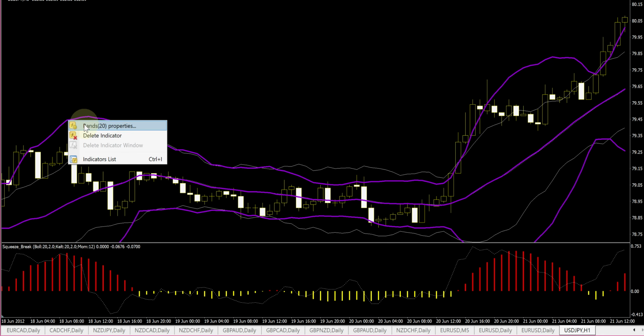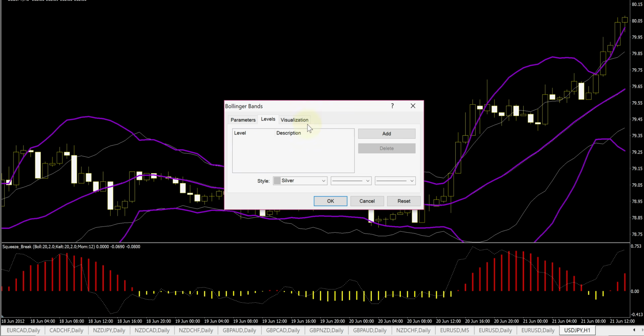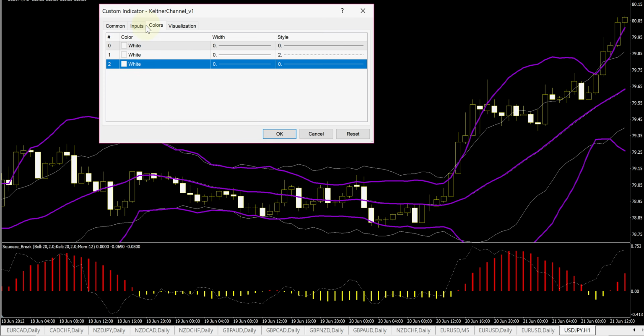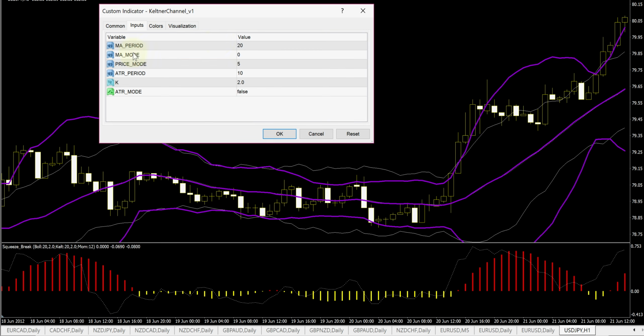So first of all, Bollinger Band, we know it is made of period 20, standard deviation of 2 applied to close price. Keltner Channel is made of period 20 and ATR of 2.